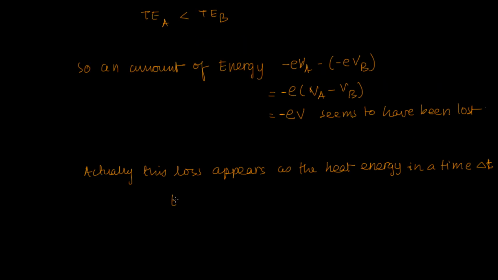So energy lost is equal to minus E V. This E is not electric field; this is heat energy H, minus EV in delta T. So what is energy per unit time?